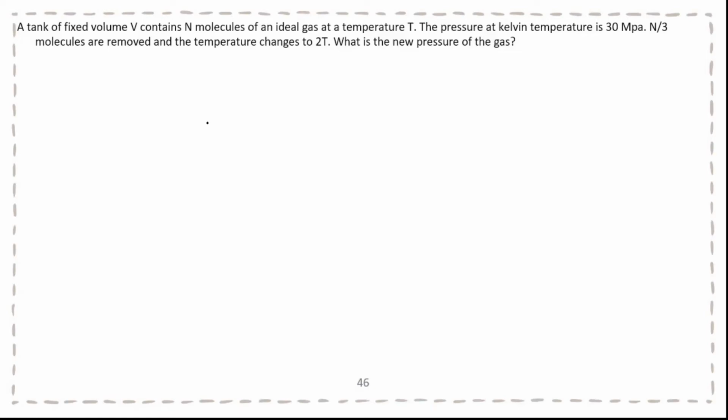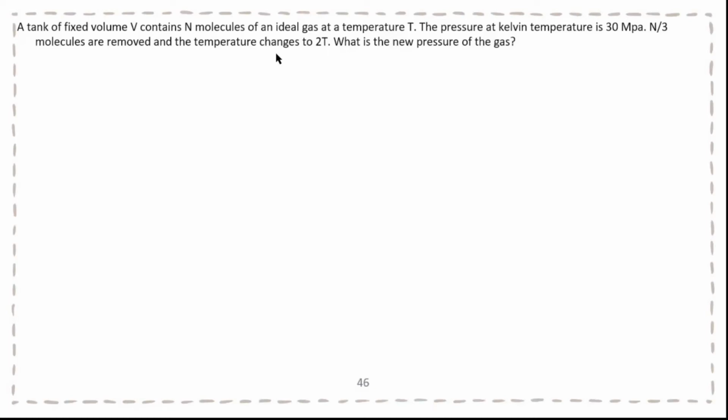Okay. So the problem number two is very simple. A tank of fixed volume V contains N molecules of an ideal gas at temperature T. Okay?